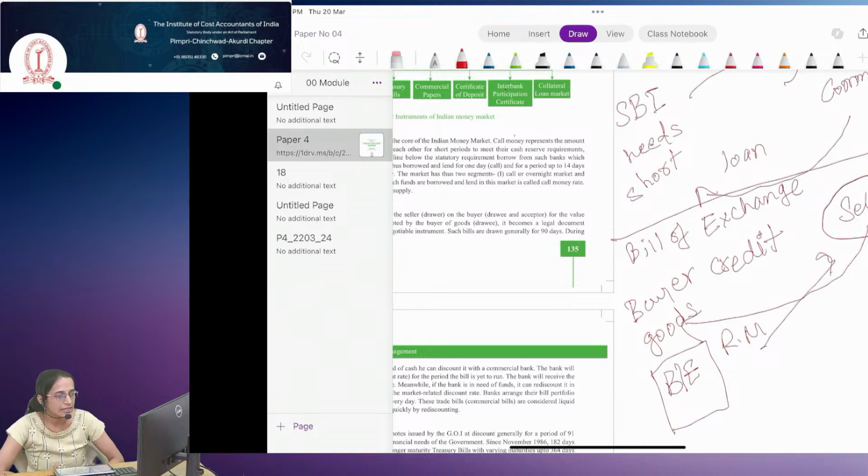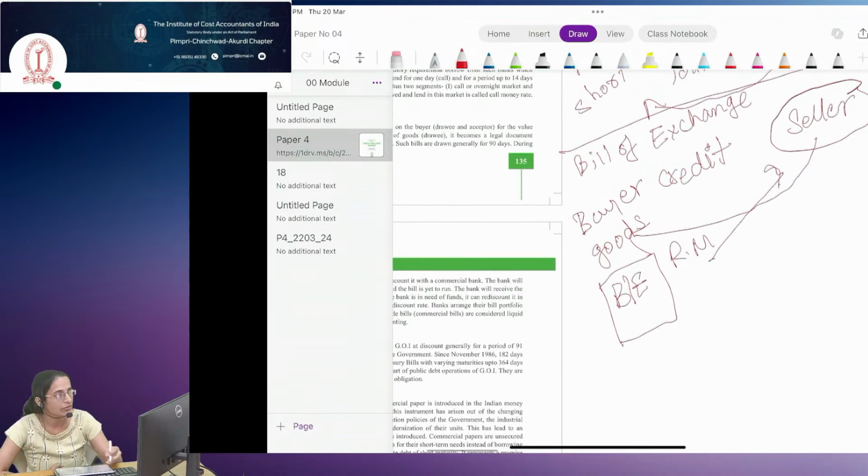Now if the seller requires this money, he cannot approach the buyer, because the buyer said that I will pay after 3 months. So if he is in urgent need of funds, what he will do, he will take this bill of exchange and go to the bank.